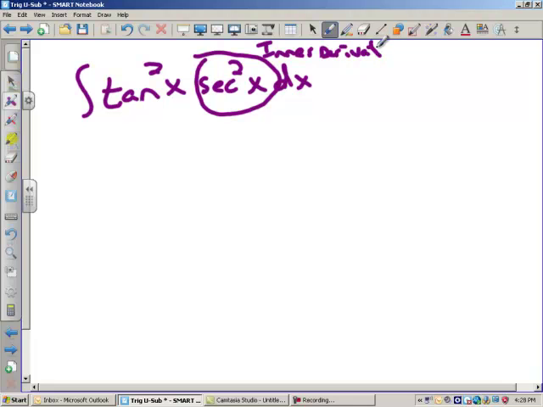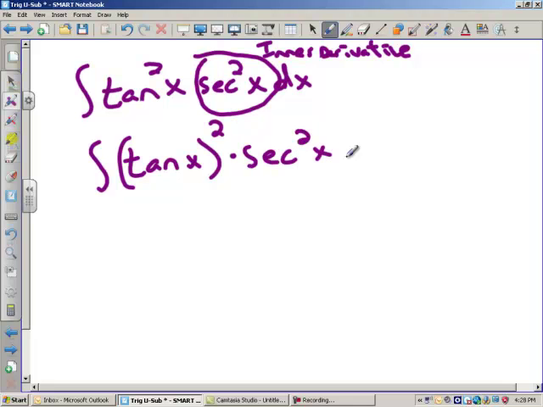If you were going to work this problem, you would want to rewrite it like this. The integral of tangent of x squared times secant squared x. So what would you let u be? u would equal tangent x. What is du dx? Well, you'll have to remember what the derivative of tangent is.